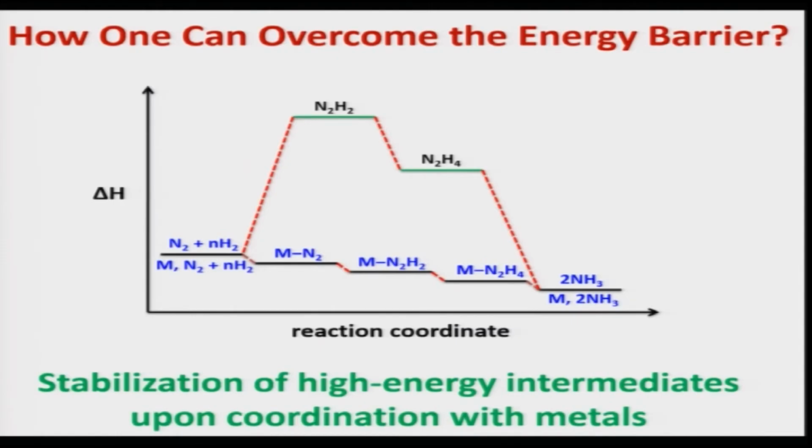Indeed, coordination with the metal reduces this energy barrier, and then you can see that M-N2H2 and M-N2H4, all these intermediates, are highly favorable situations, and it can lead to the formation of ammonia. Indeed, biology has taken this path so that the formation of ammonia becomes easier. We will see it in detail.